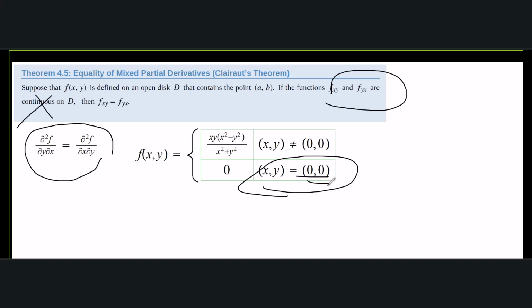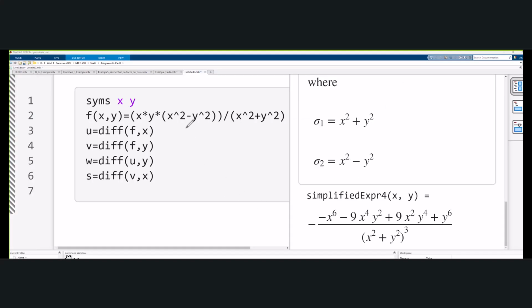Just to show you, I'll include the commands in the description window. But this is a second derivative, and when xy is not equal to 0, 0, either way it will be the same.